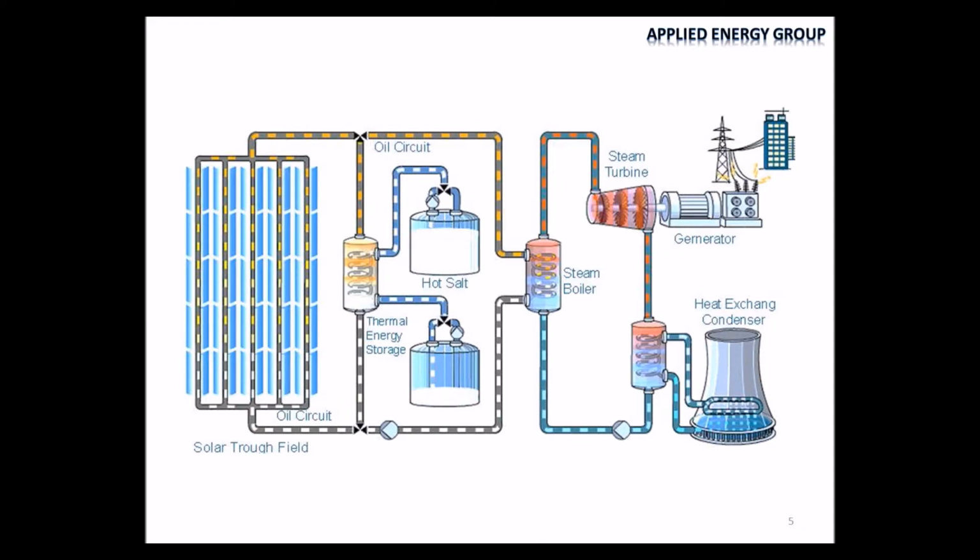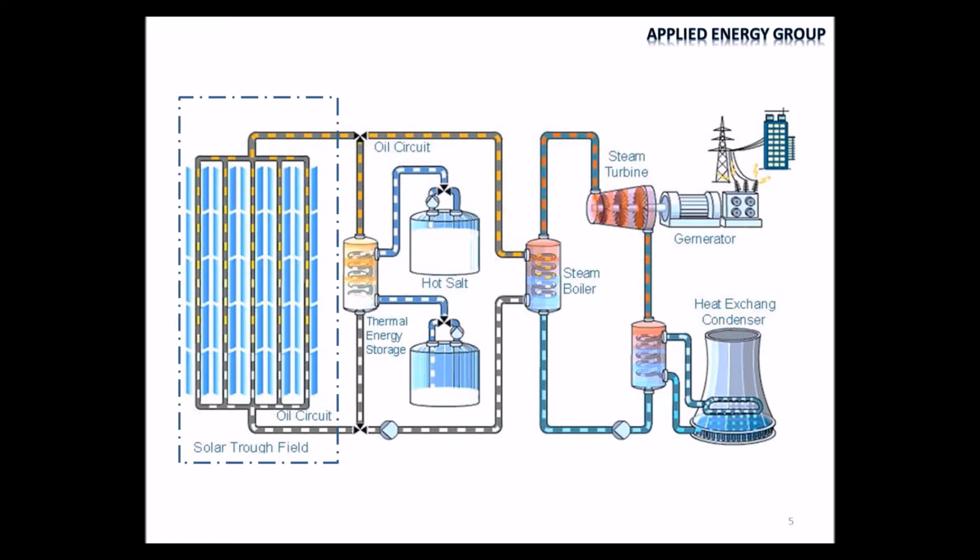Parabolic troughs are large mirrors shaped like a giant U. These troughs are connected together in long lines and track the sun throughout the day. When the sun's heat is reflected off the mirror, the curved shape sends most of that reflected heat into a receiver.